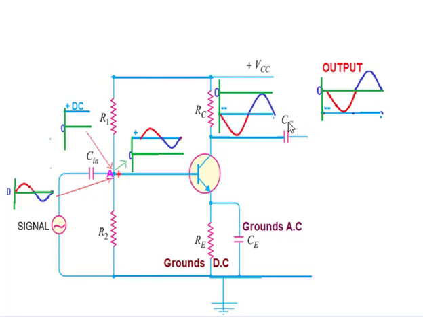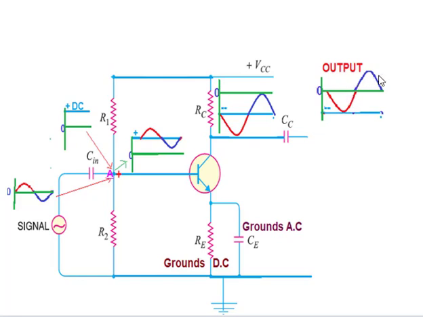This coupling capacitor allows only the AC part. It blocks the DC part. So the amplified AC signal at the negative voltage is shifted to 0 volts here.